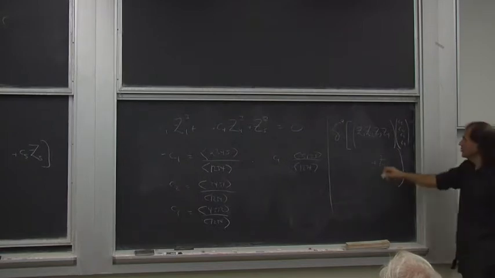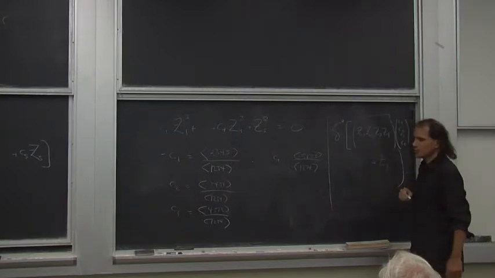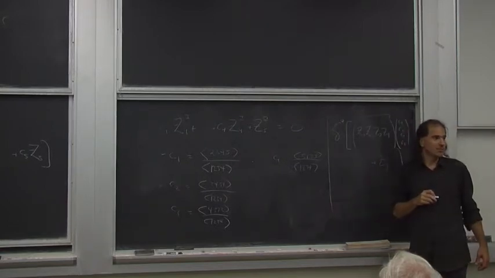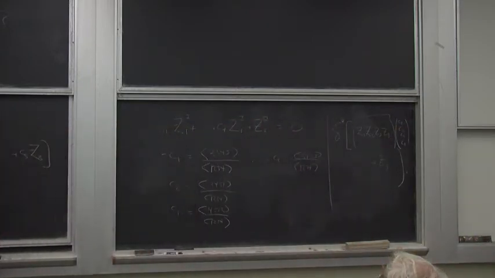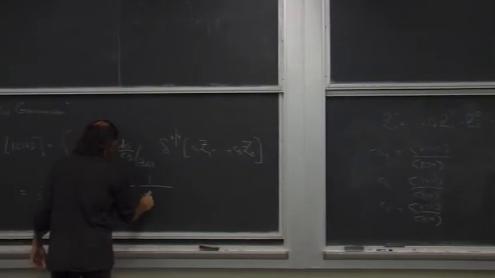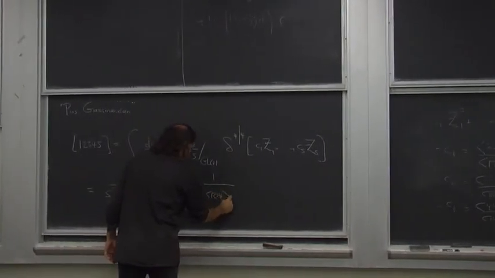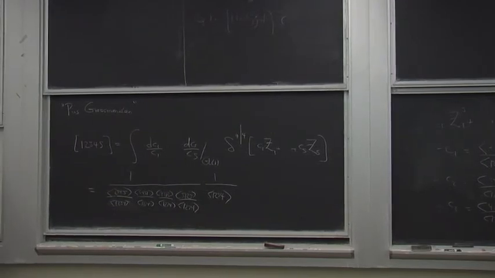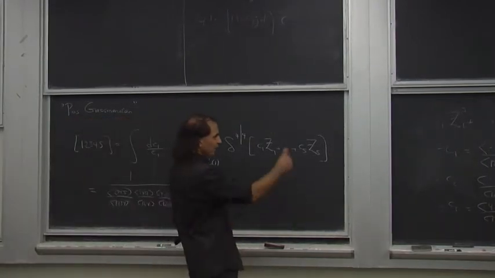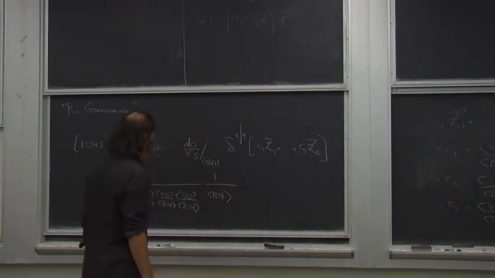Therefore, the Jacobian is just 1 over the determinant of that matrix of Z's, which is just 1 over <1234>. That's the Jacobian from the delta function. I should have put the C's on the other side as the transpose, but anyway.